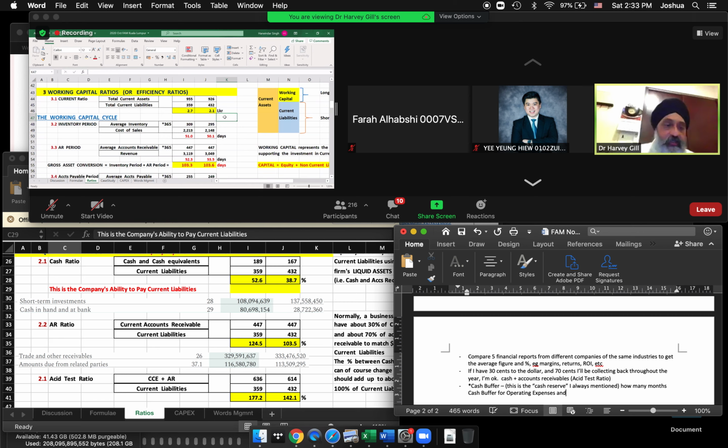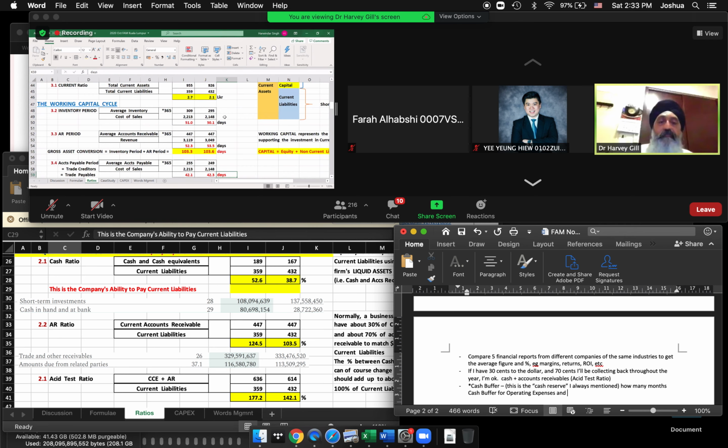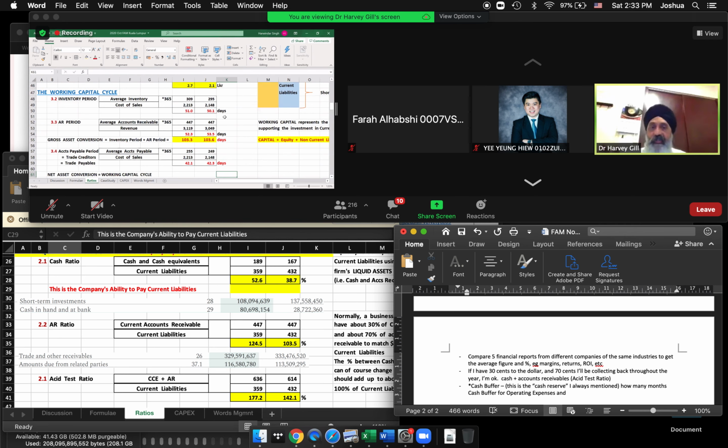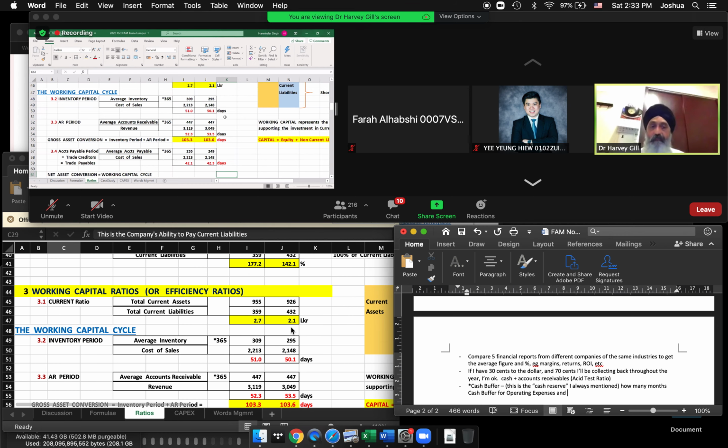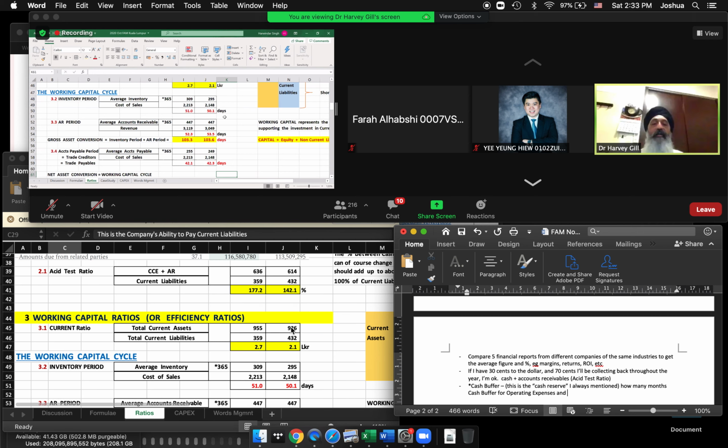Then the other thing is the working capital cycle. Working capital cycle measures on average how long your money is tied down in inventories, on average how long your money is tied down with debtors based on the financial reports, and on average how long we take to pay our creditors.